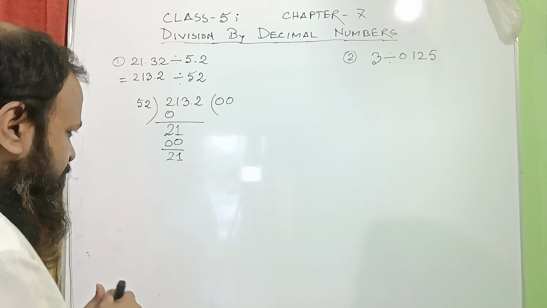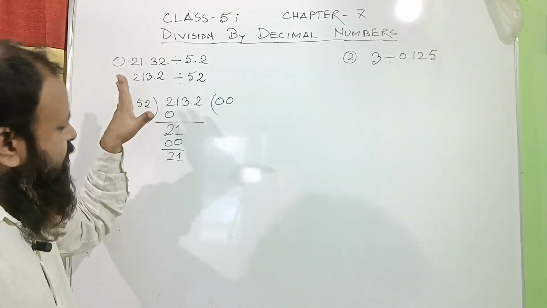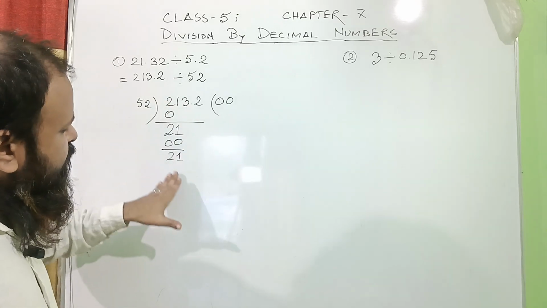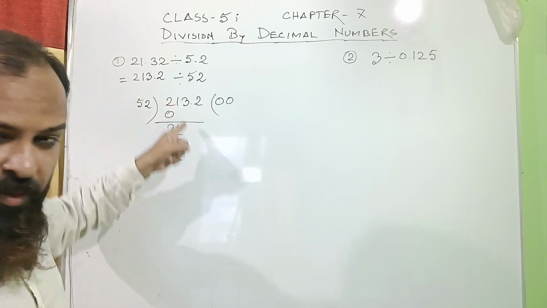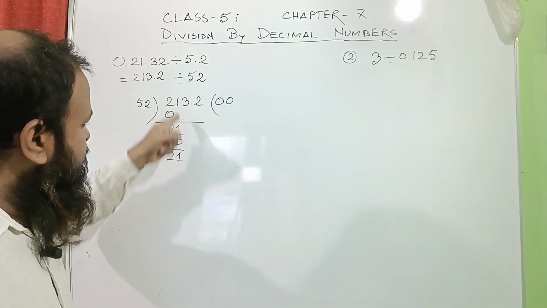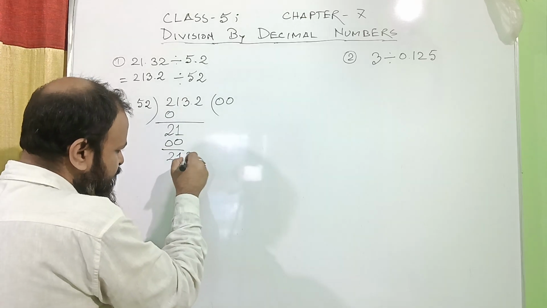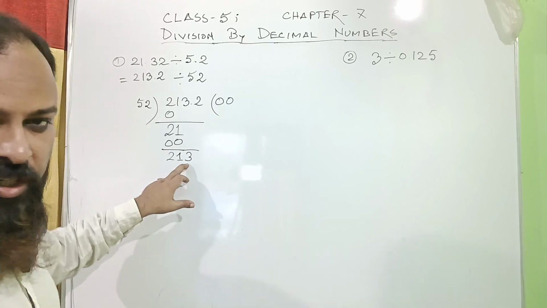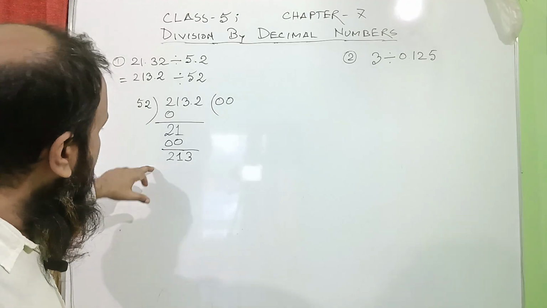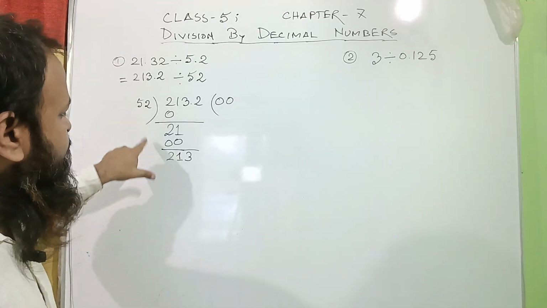It doesn't matter. The subtraction result is always smaller than the divisor, but we are to see what will be after bringing down the next digit. If we bring down the next digit 3 beside the 21, we can see that 213 has become bigger than 52.